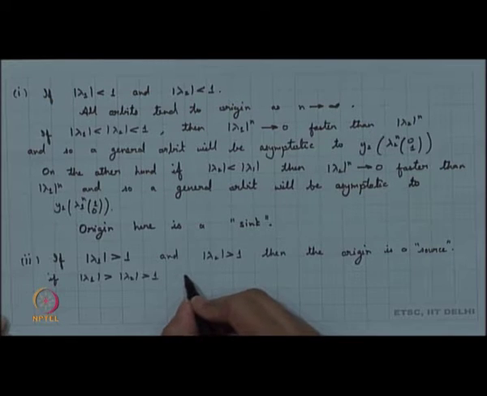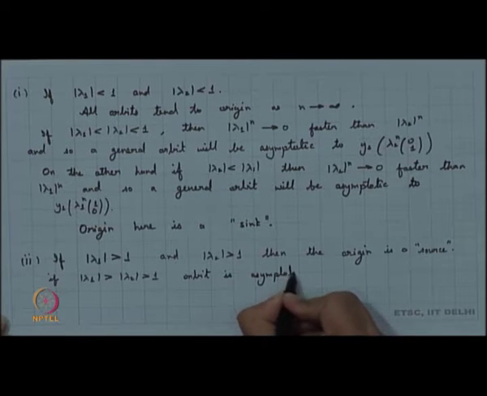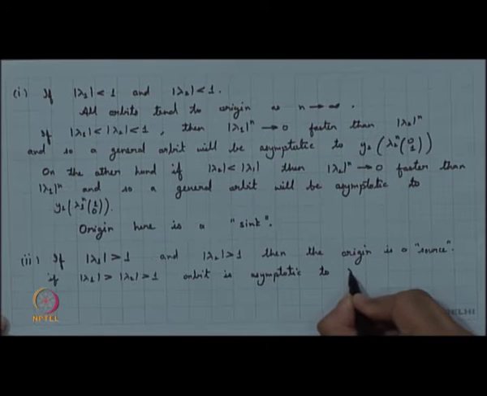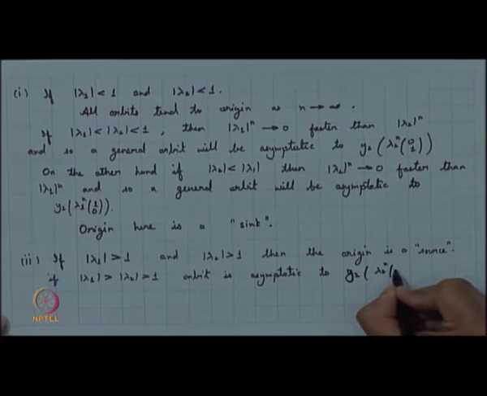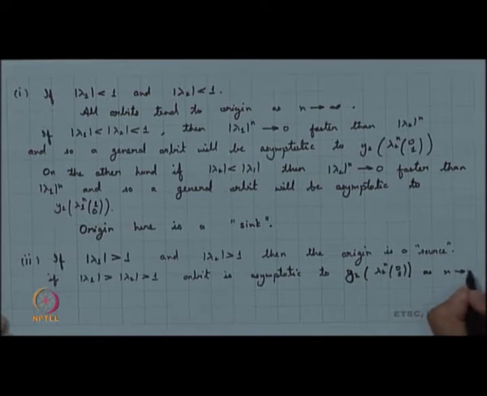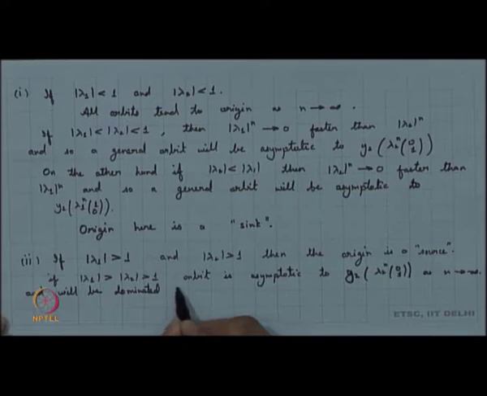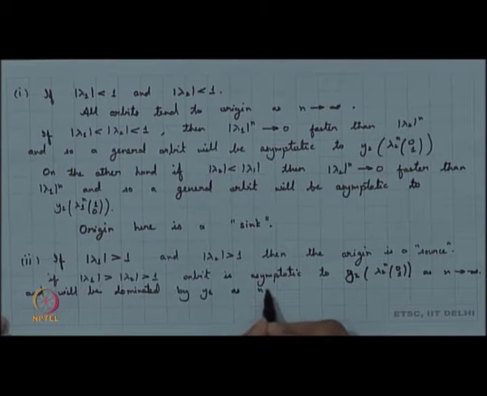So, the orbit will be first asymptotic to y2, which is basically (lambda 2 to the power n, 0, 1), as n tends to minus infinity, and it will be dominated by y1 as n tends to infinity.